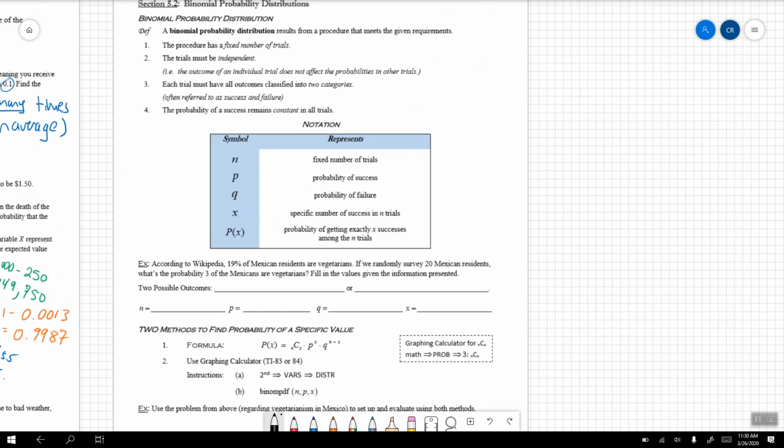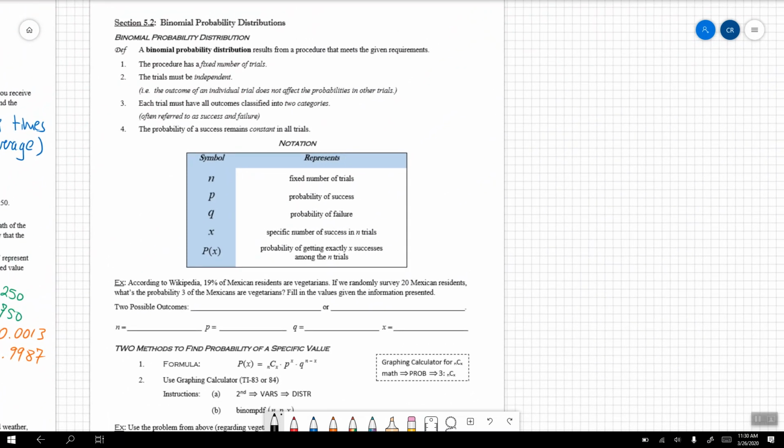So now that we got that answer, let's go ahead and start with section 5.2, which is the binomial probability distribution. When we're dealing with a binomial probability distribution, there are a few things we have to consider. First, do we have a fixed number of trials? Second, are those trials independent?